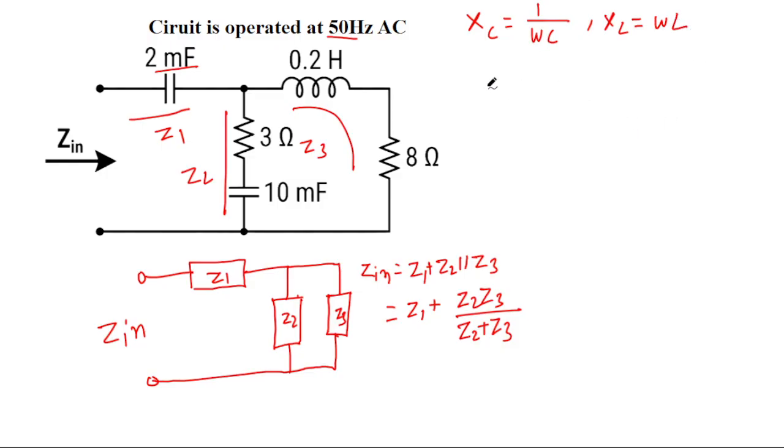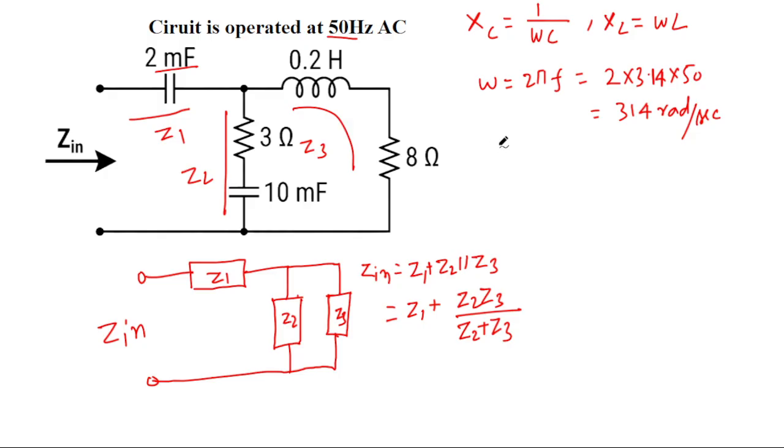Omega is given by 2 pi f. That means 2 multiplied by pi, taking the value of pi as 3.14, multiplied by 50. Because a 50 hertz frequency is given here, it will become 314, and the unit will be radian per second.